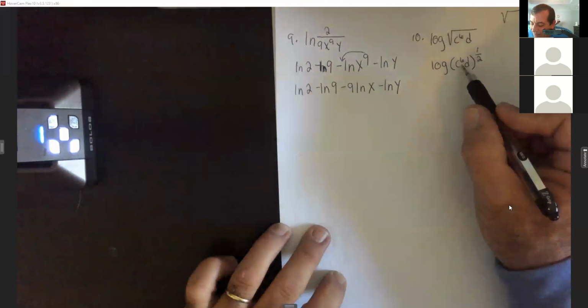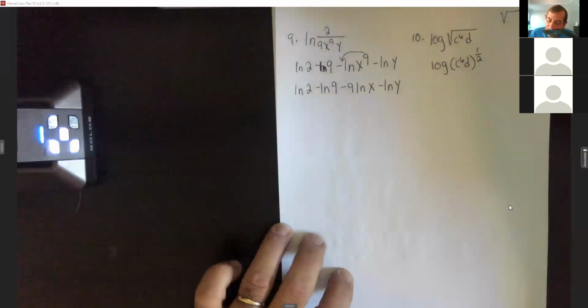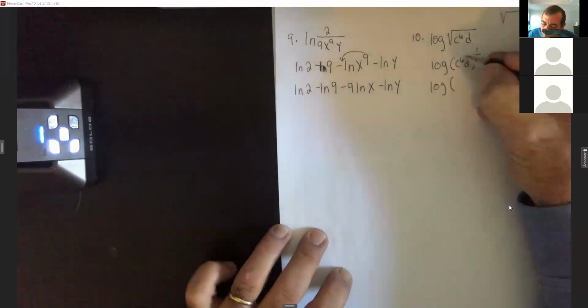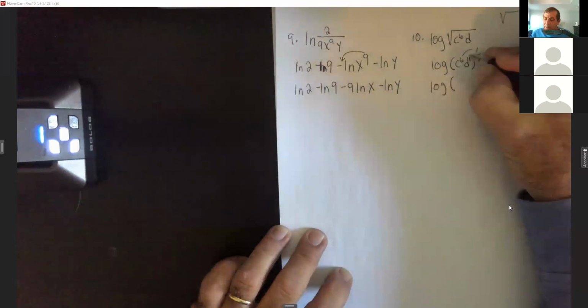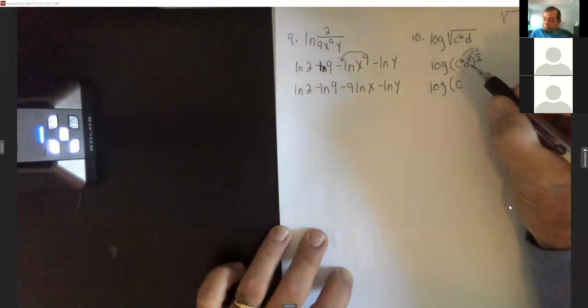Now, when we got stuff in parentheses followed by an exponent, we're going to multiply both of these by that exponent. The d doesn't have an exponent, so remember, it's a 1. So we're going to take the c, 6 times 1/2.